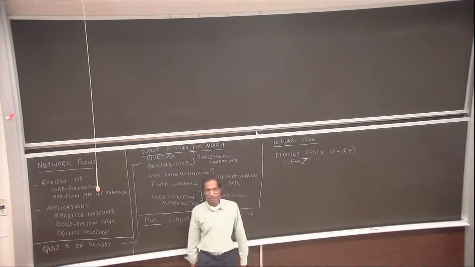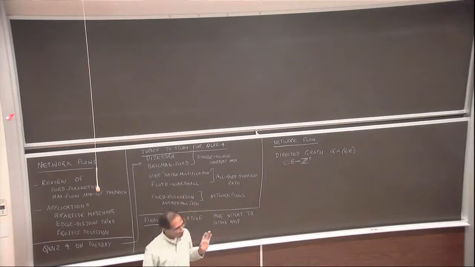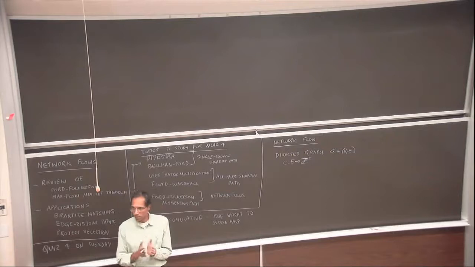These are integer capacities, and you can define the problem with non-integer capacities as well, although the problem takes a different form and funny things happen. So we will assume that all the capacities are integers.